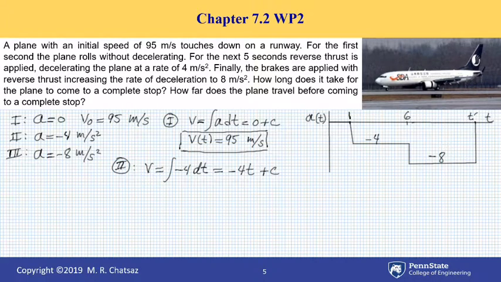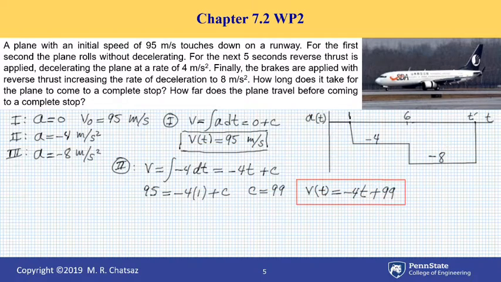Since velocity at 1 second is 95, if I plug in -4 times 1 second, then I can find the constant of integration to be equal to 99. Therefore velocity as a function of time is going to be -4t plus 99. So this is the velocity function for the second phase of motion, which ends at 6 seconds.